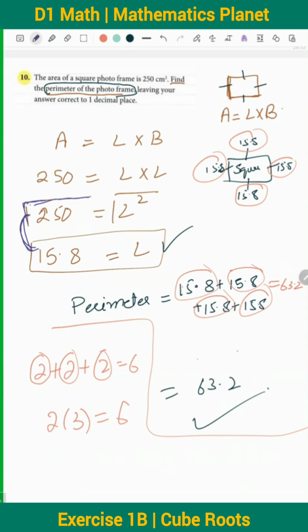What is your next question? Miss, why did you add them 4 times? Because perimeter of a square means adding all of the sides, and all of the sides in the square have equal length. So all of the sides have the length of 15.8. So we keep on adding 15.8 for all sides.